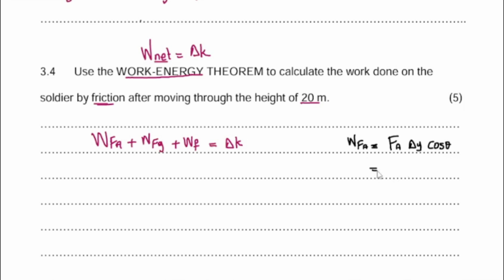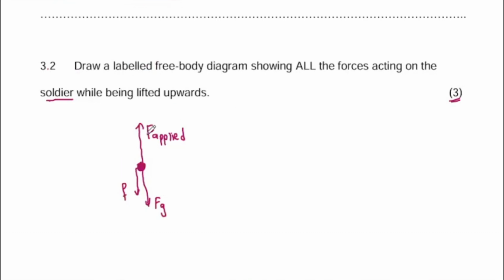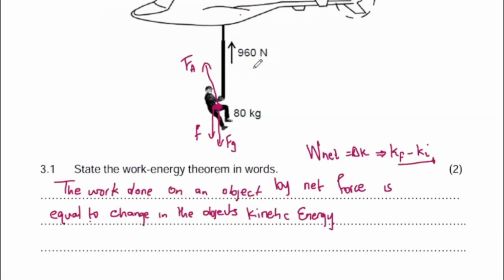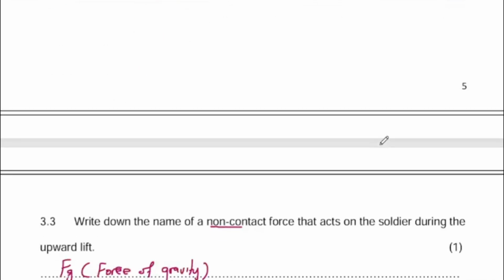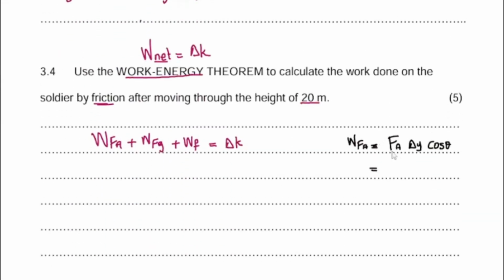If we do the substitution, the object is moving up with a force of 960 newtons. So I'm going to substitute that as 960 newtons, and then the displacement is given there as 20.